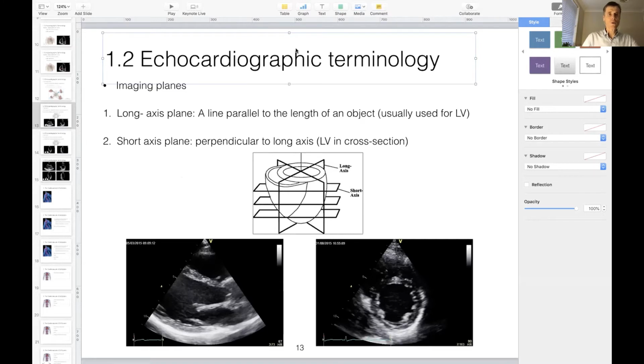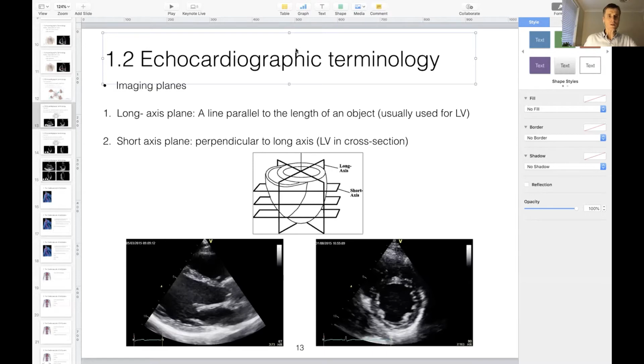And so when we're talking about the long axis plane, we're usually talking about a plane that cuts the left ventricle in a certain way. That is to say that it displays the length of the left ventricle. The short axis plane is simply a plane that's perpendicular to that. So that is to say that a plane that's at right angles to the long axis plane.